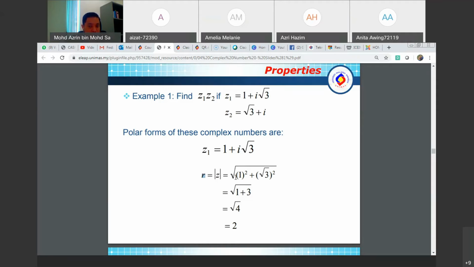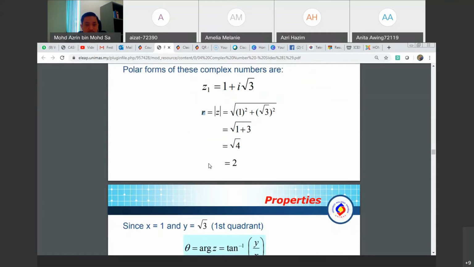Modulus Z is the square root of A squared plus B squared. So you square root all this value, then you will get the value of R is 2. You must remember how to find the R value first.